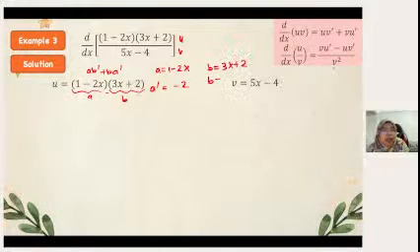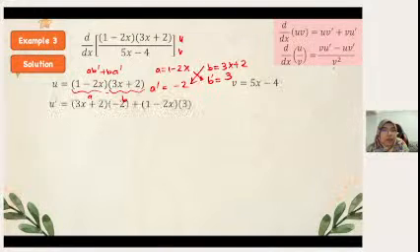Which means that b prime will be equal to 3. And then of course we have to use the formula ab prime plus ba prime. So they will become 3x plus 2 multiply with negative 2. And then plus 1 minus 2x multiply with 3.